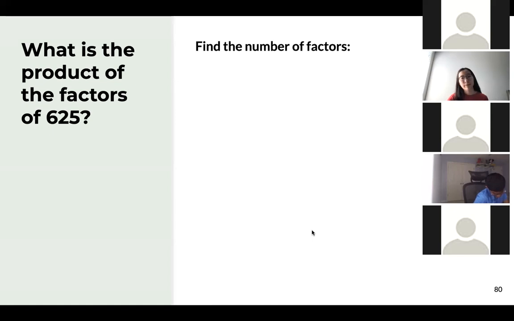So we should take this one step at a time. Has anyone calculated the answer for the number of factors of 625 using our exponent plus 1 trick? What did you get for that?